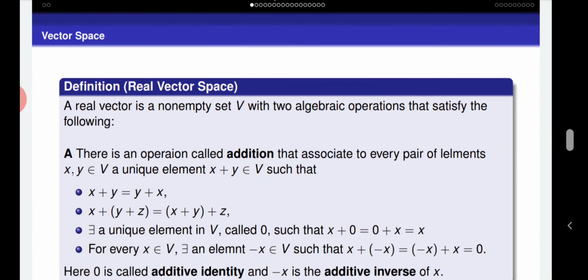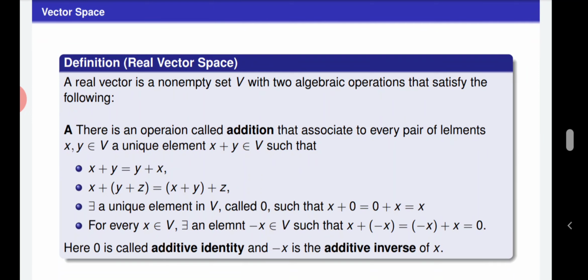So, we are going to define first of all a real vector space. A real vector space is a non-empty set V with two algebraic operations that satisfy the following.